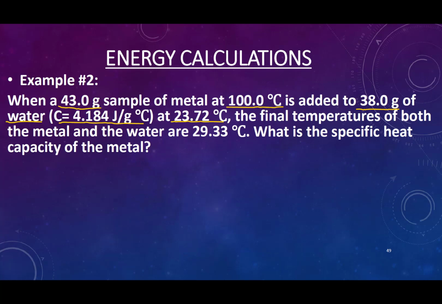You are told that the final temperature of water and the metal is the same and is equal to 29.33. The question asks you to calculate the specific heat capacity of the metal.